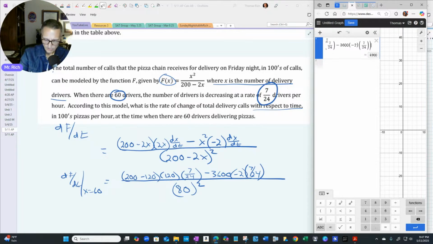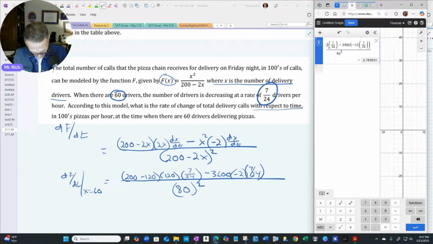All right, now I'm going to put this all in one big parentheses so that I can then put that down in the denominator, and that's going to be 80 squared. Okay, so I get that number right there. I get a 0.765. Now, let me see if I have the answer here. I think I do have it somewhere. And we'll check to see if this is for real.